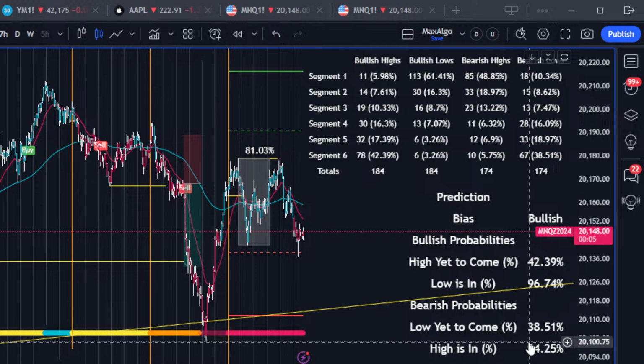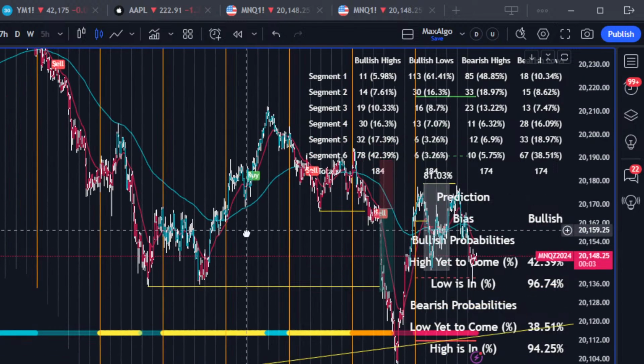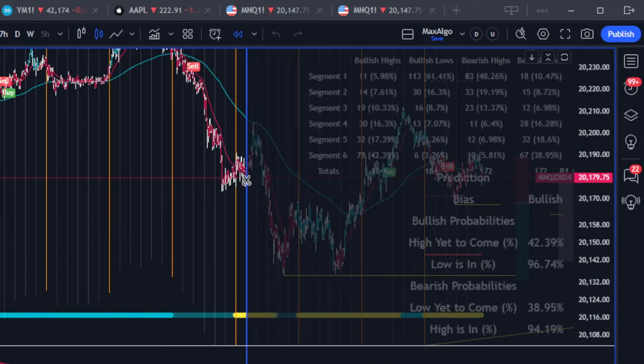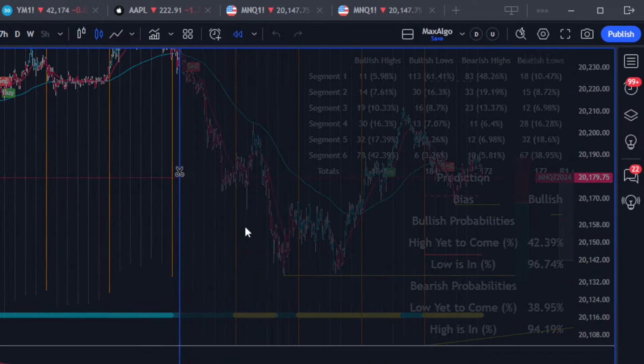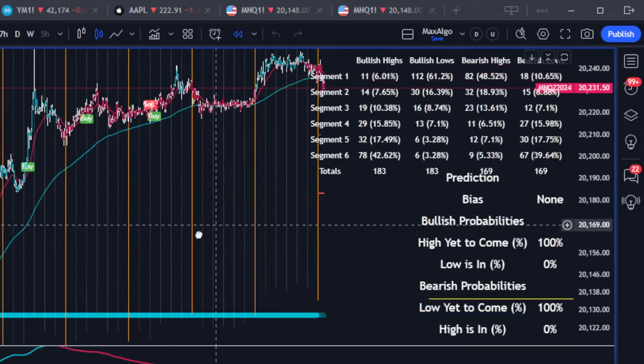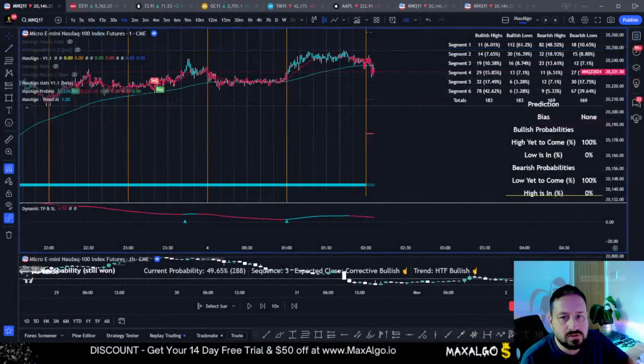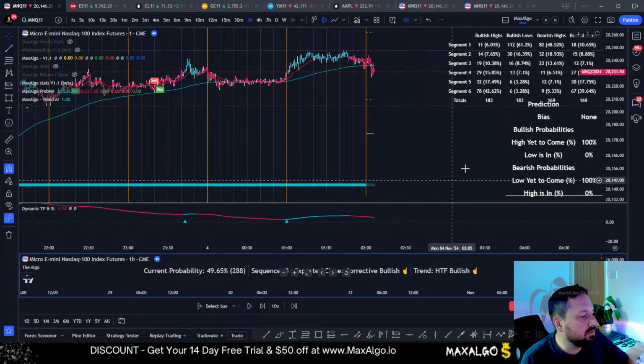Yeah, it's all backtestable, right? So if I replay, I'm just going to go into full screen. I'm just going to move you. So I can play this forward, right?